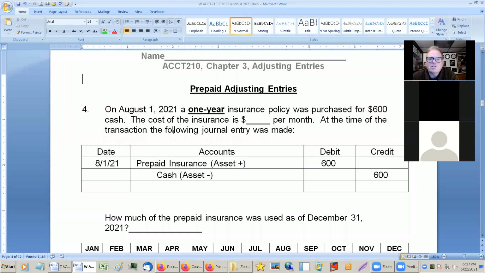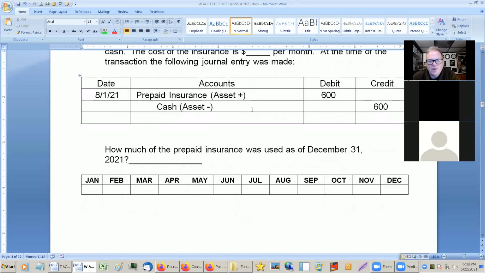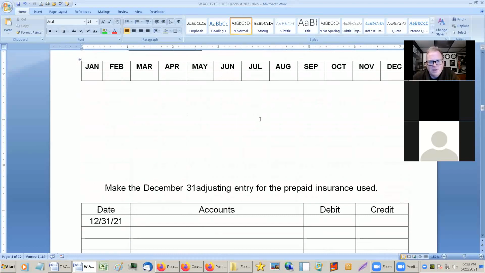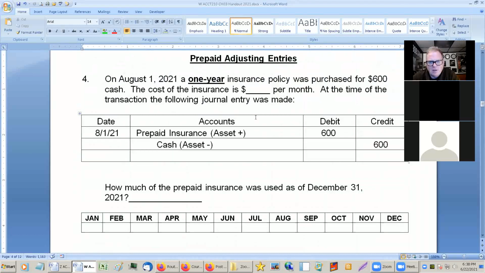They had a 1-year insurance policy. On August 1st, they had a 1-year insurance policy for $600. And you have to figure out how much it is per month and how many months you had it. So I will be quiet as I can and let you figure it out.